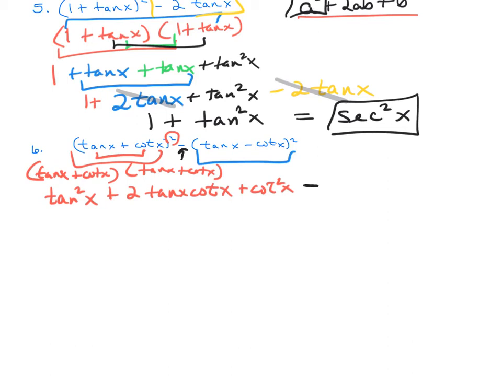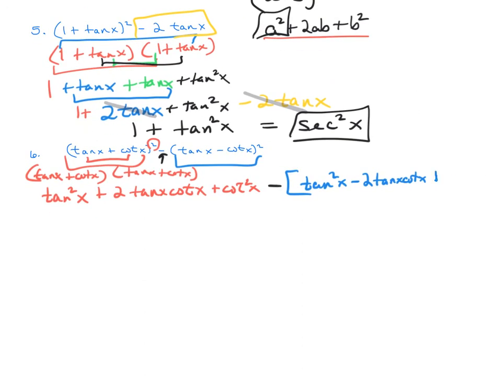So after I FOIL this or do the trick, I'm going to have to distribute that subtraction sign to all the terms that I get. So tangent squared x, middle term is going to be negative 2 tan x cotangent x, and then last will be plus cotangent squared x.